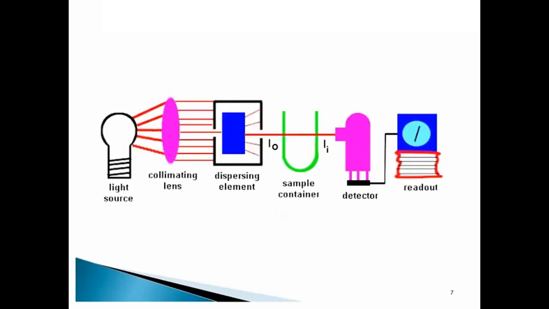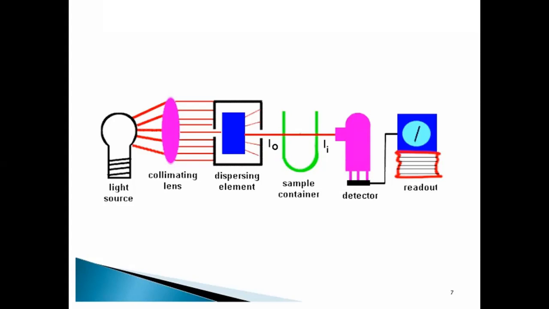Now let us see one by one, starting from the radiation source, that is the light source. Now you can see here the polymetric system, which makes the light unidirectional. Then dispersing element, where we obtain the desired wavelength, that is the monochromator system.